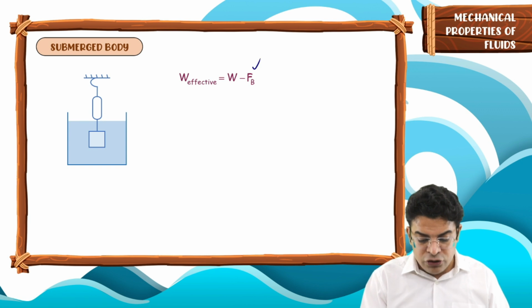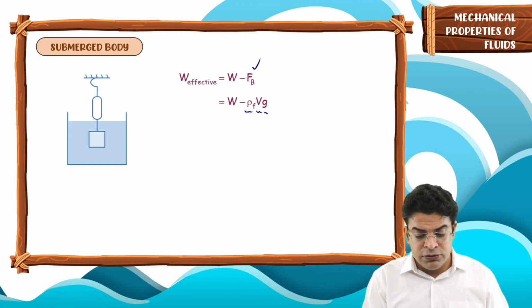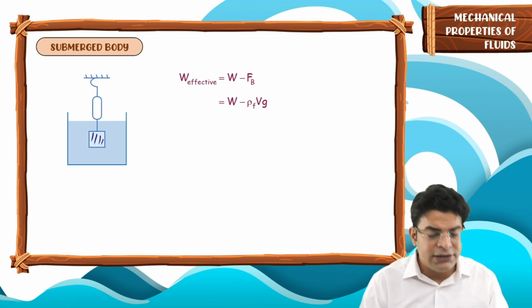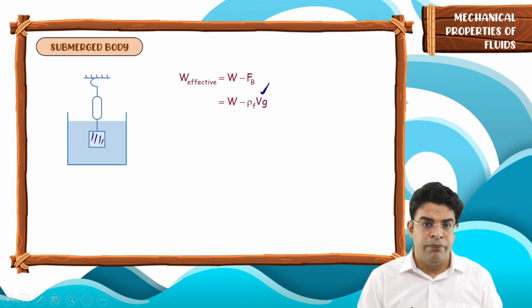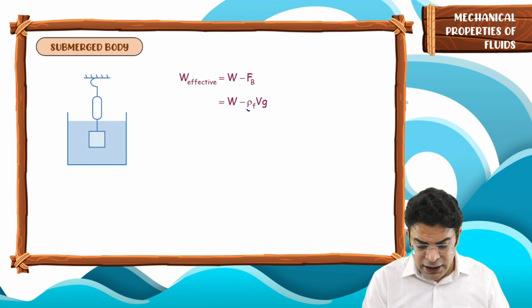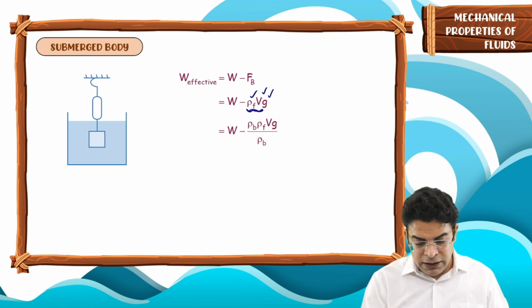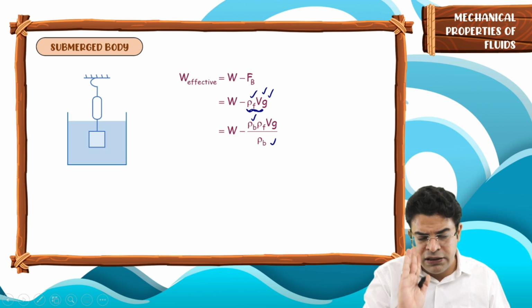This force of buoyancy can be written as density of surrounding fluid into volume submerged into g. Since the entire volume of the body is submerged, here the volume V is nothing but the volume of the body. Now, in the term density of surrounding fluid into volume submerged into g, forcefully multiply and divide by the density of the body. Why? You will understand, but do it.